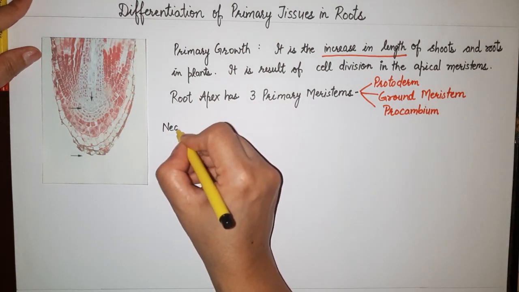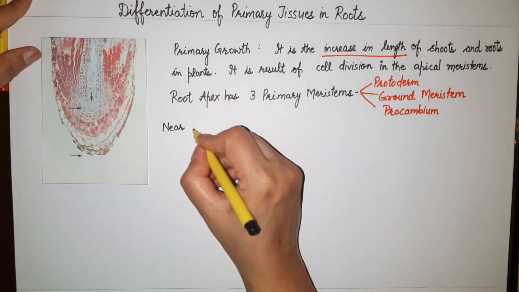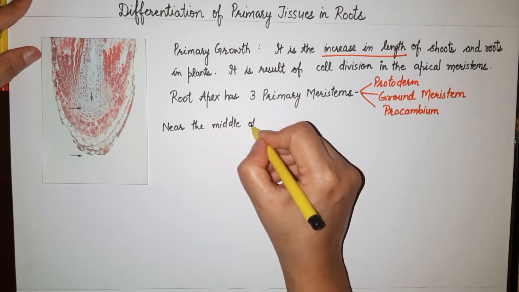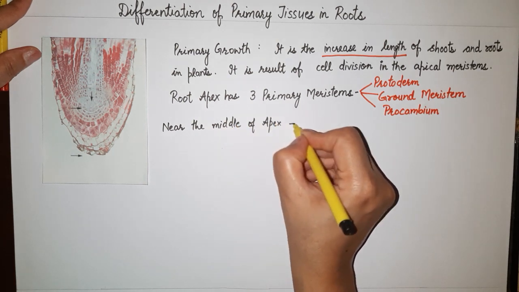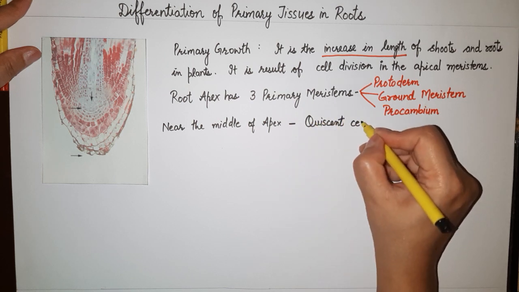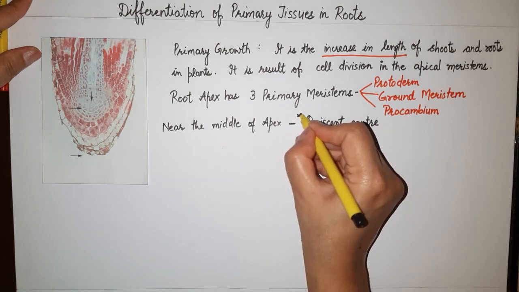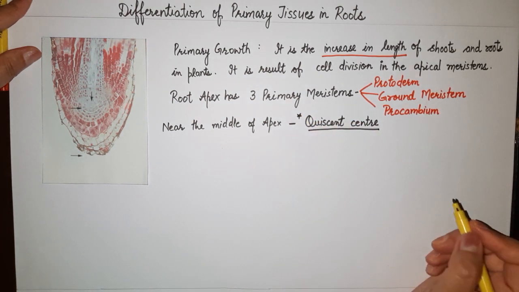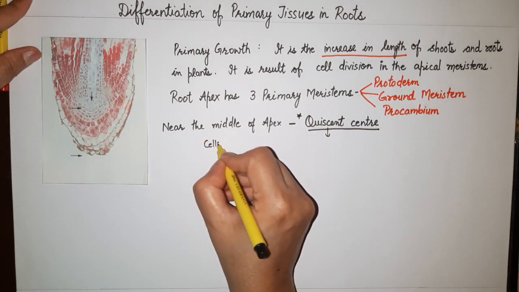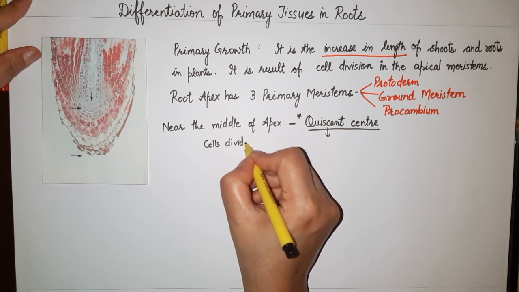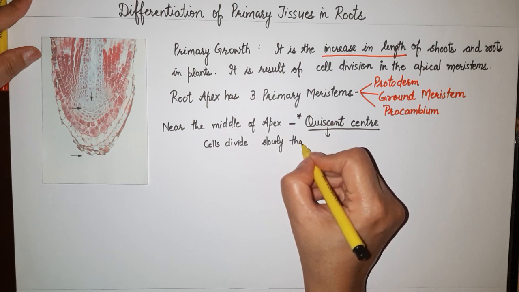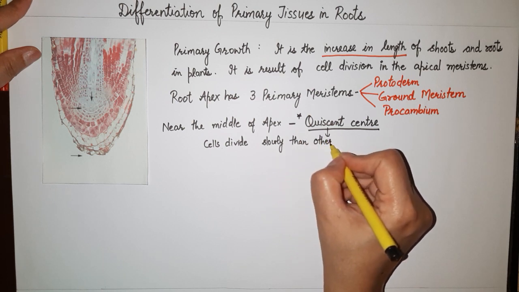Then we observe an additional structure near the middle of apex. It is called quiescent center. It is an important term, quiescent center. What is quiescent center? In this area, cells divide slowly than other meristematic cells.